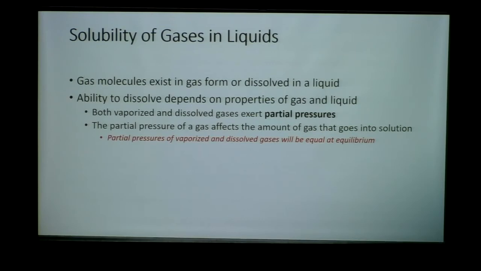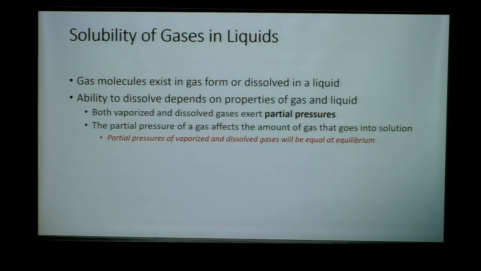And to break down what that means, if I have a partial pressure of, let's say, oxygen in air, in order for those air or gas particles to dissolve into a liquid, the partial pressures must be at equilibrium. So the partial pressure in the liquid must also be at 100 if the partial pressure in air in its vaporized state is 100.